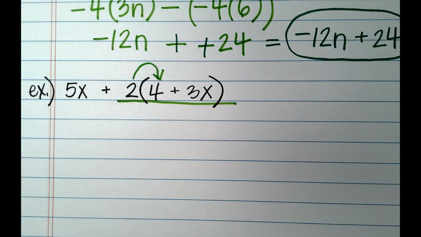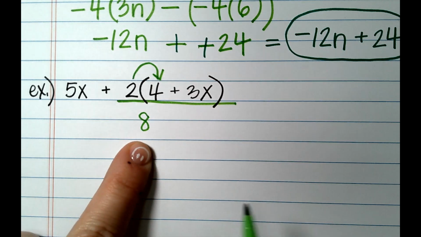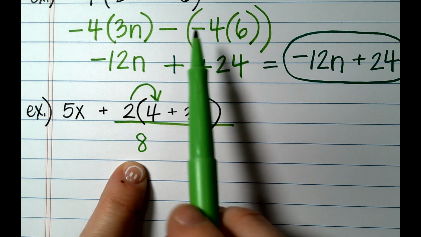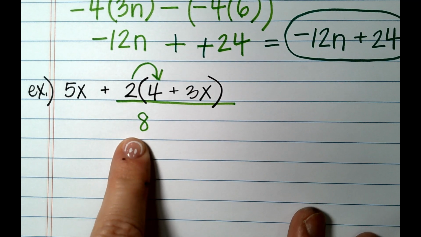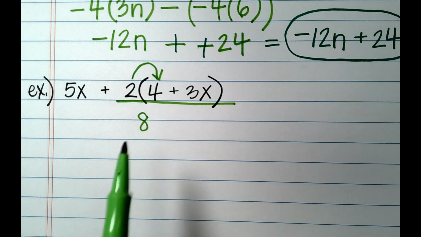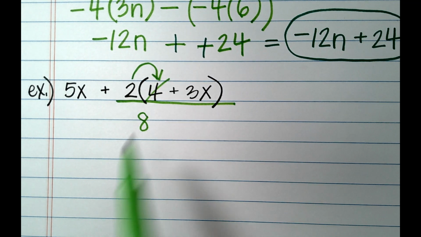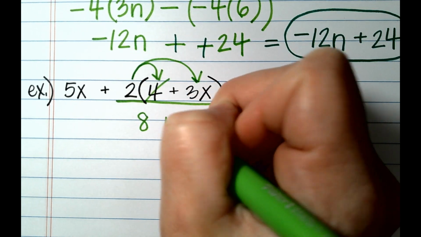And what is 2 times 4? 8. And here's where I'm not writing the middle step. I'm just not writing those multiplication problems here. If anybody wants me to, if you're wondering where did that come from, let me know. I can happily do it. So I did 2 times 4, that's 8. Plus 2 times 3x.